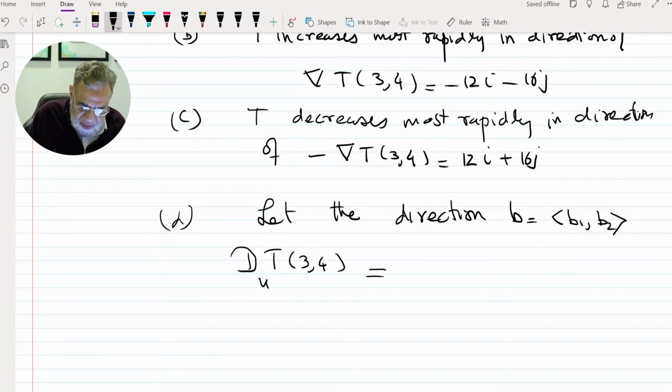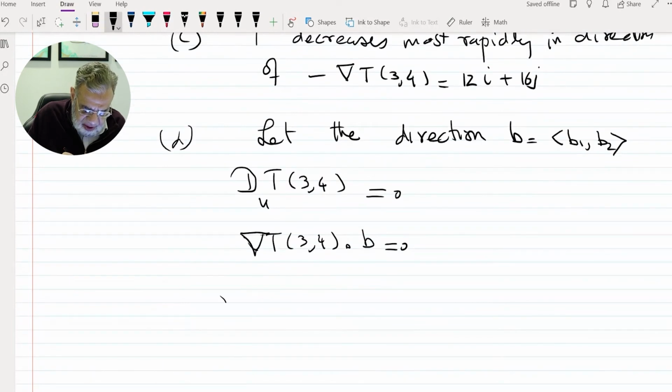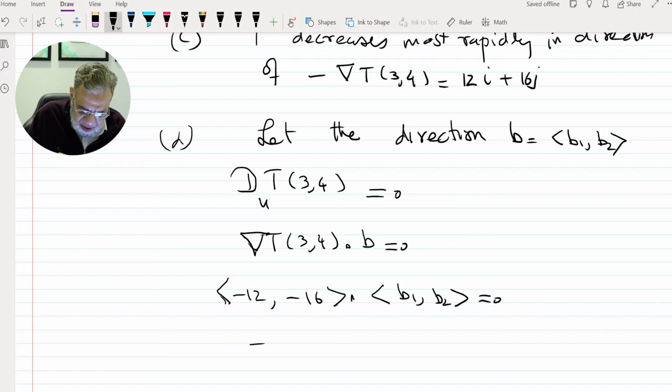This means the gradient of T at the point (3, 4) dotted with the vector b is equal to 0. My gradient is minus 12, minus 16, and b is b1, b2, and this must be 0. I get a dot product: minus 12 b1 minus 16 b2 is equal to 0.